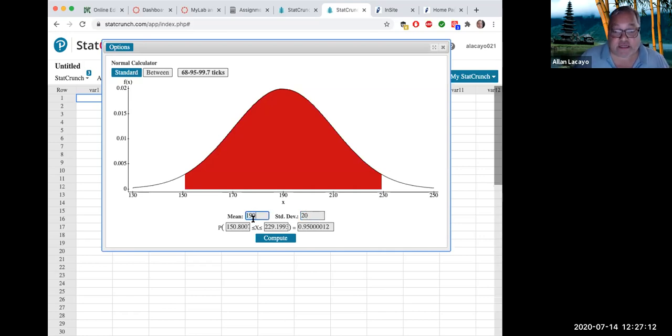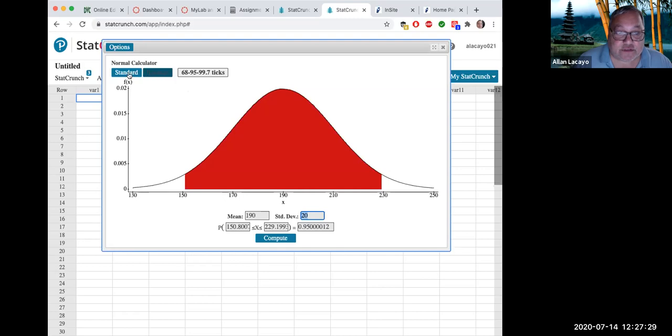So once I have the mean and the standard deviation of a normal model, I pretty much have a complete description of that entire set of possibilities, which is what a probability model should be capable of giving us, a complete description of something.